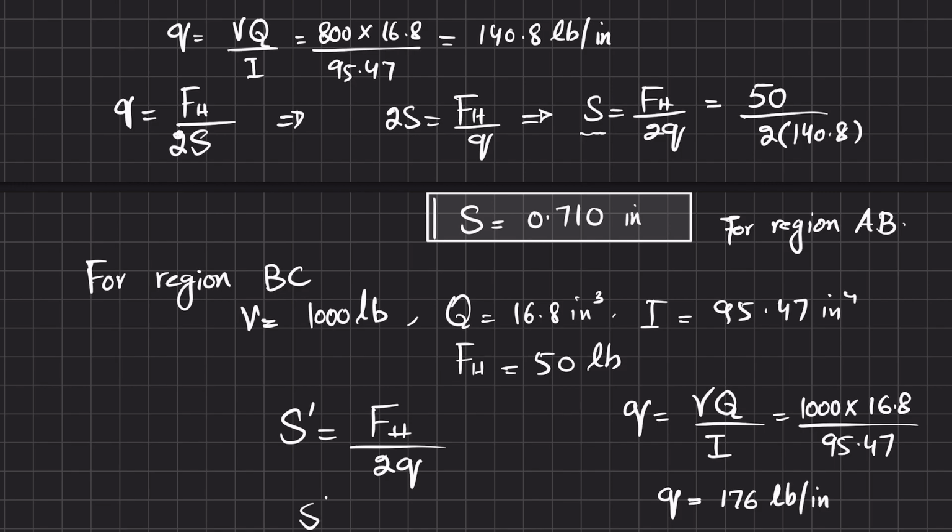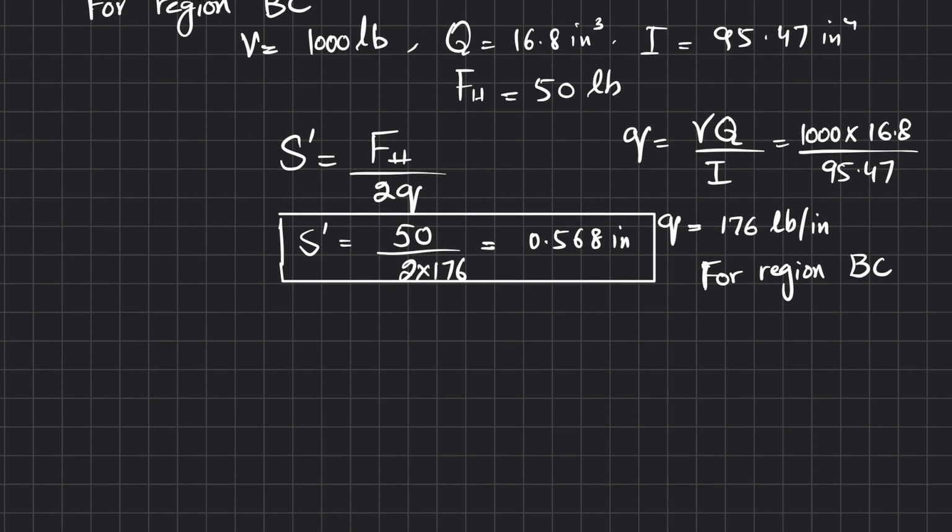Now you can put the value over here. So 50 divided by 2 into 176 will give you 0.568 inch as well. So this is the horizontal nail spacing for region BC.